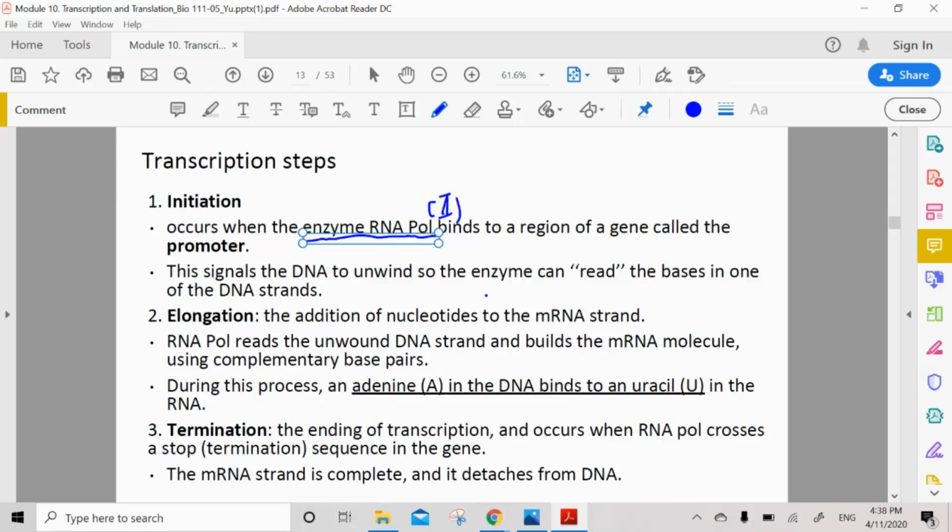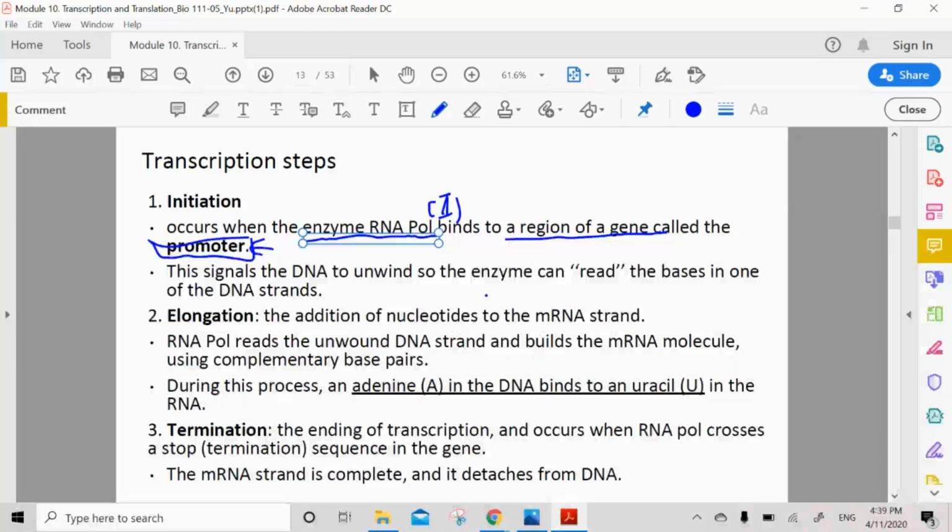The RNA polymerase has to bind to a region of a gene called a promoter. This is a very, very important term. You have to remember what promoter is, and I'll talk a little more about the promoter later. For transcription to begin, the enzyme has to find and bind to the promoter region.